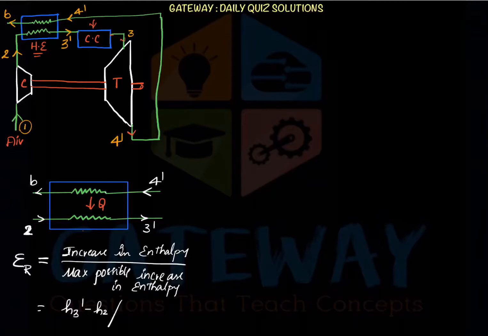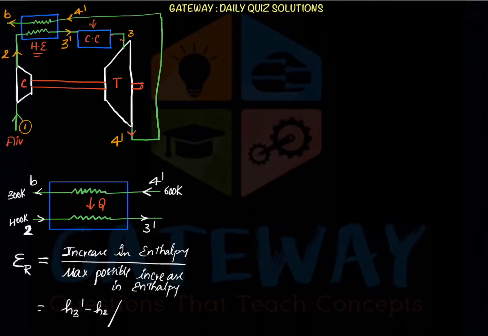Suppose the exhaust gas is entering at a temperature of, say, 600 Kelvin, and after the heat exchanger it is leaving at 300 Kelvin. Now our compressed air, since due to compression a little of its temperature will be increased, can be, say, at 400 Kelvin entering out of the compressor.